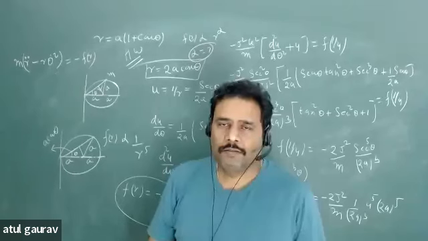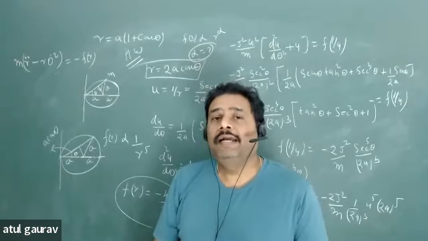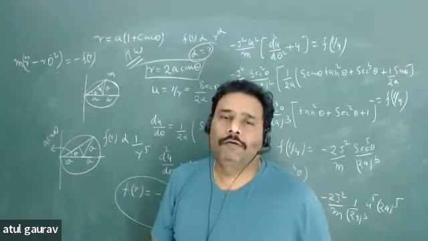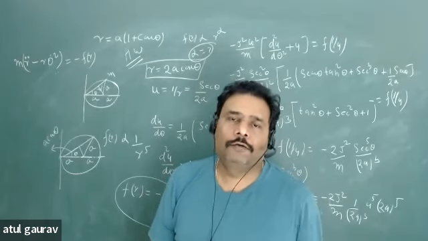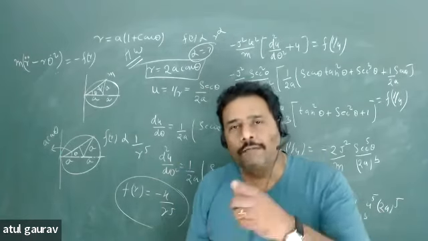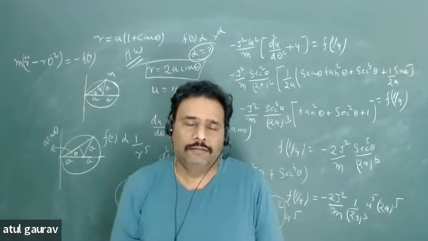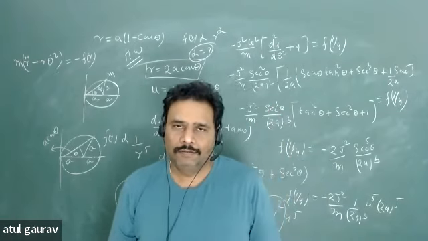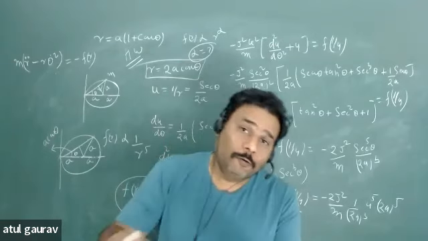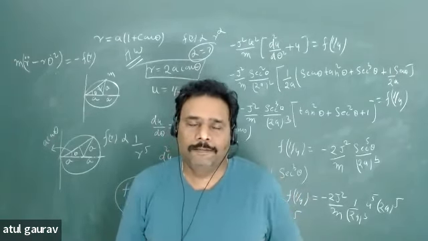We can trace that particle. You can find each and everything about that particle if you solve Newton's law of motion. And when you want to solve Newton's law of motion, what is the most important thing? You have to identify which kind of force is acting on it. Without knowing the nature of force mathematically, are you able to solve Newton's law of motion?